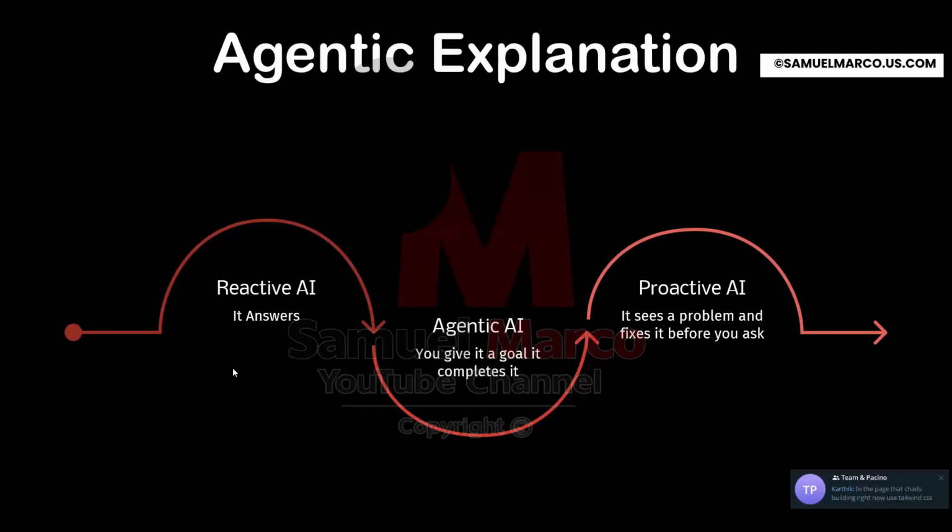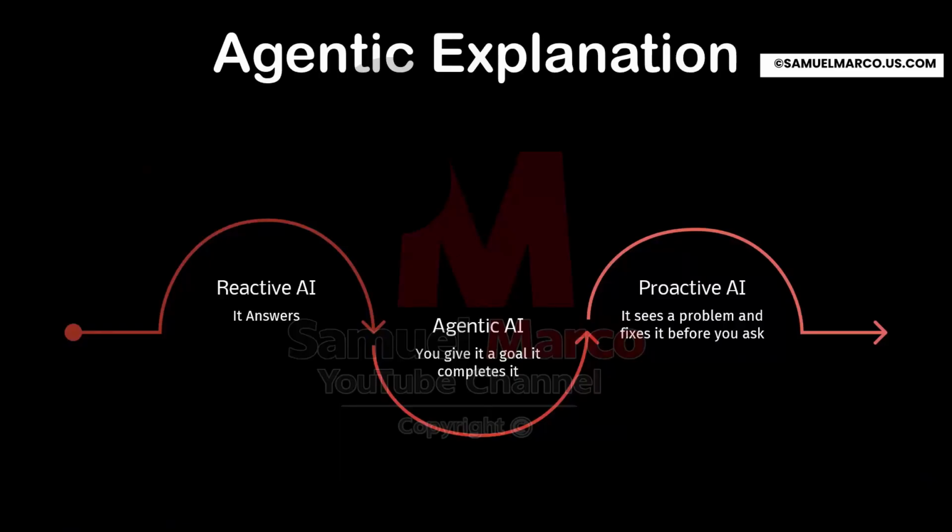So look, AI has been reactive, which means it's been answering. But when we look at agentic AI, you give it a goal and it completes it. We saw this where we were telling ChatGPT to create an image and it was doing it. We saw it creating slides.